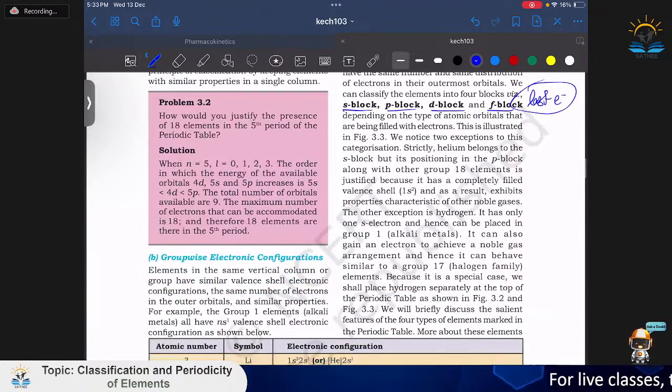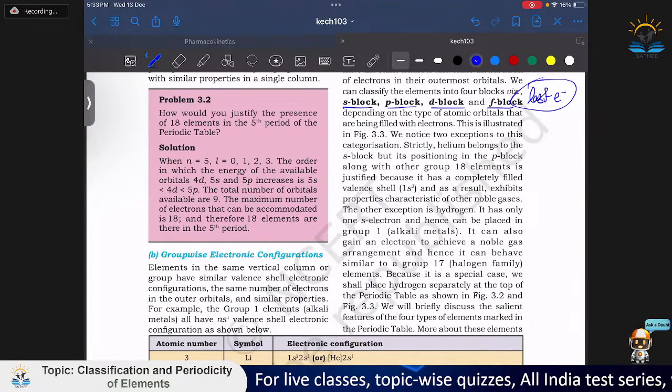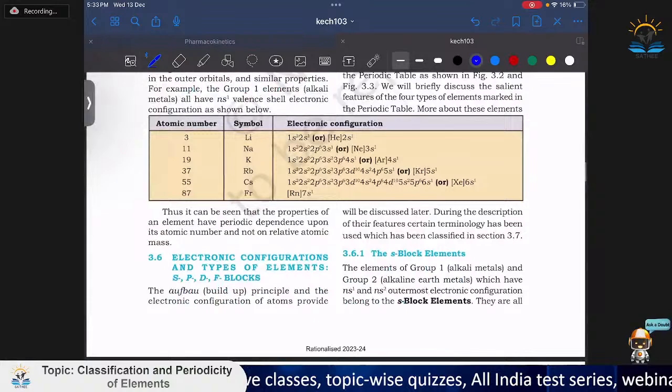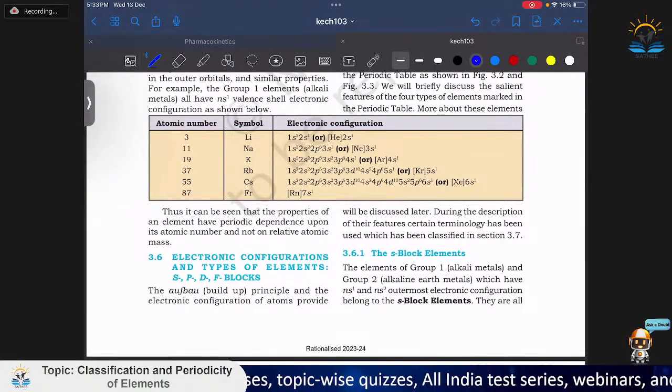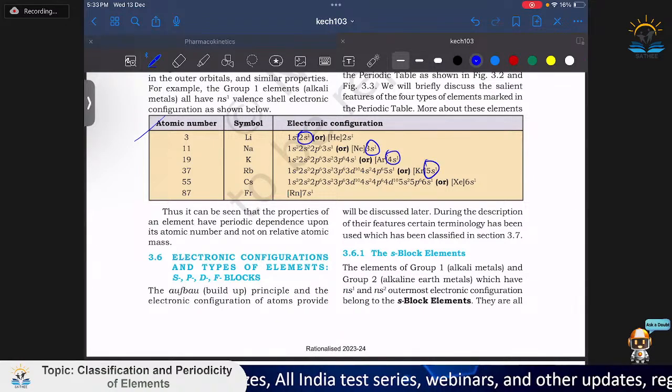So in an S block group, the last electron will enter the outermost S orbital. Similarly, in a D block group, the last electron enters the outermost D orbital. These are the examples of S block elements. Look at the outermost electronic configuration. It is ns1.